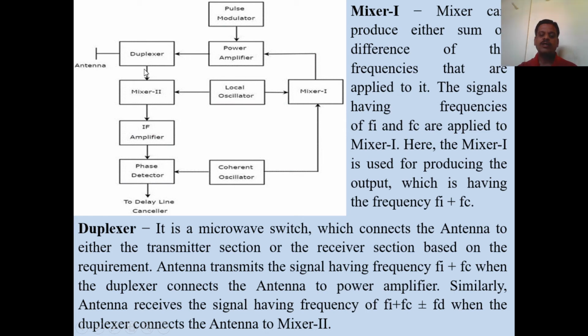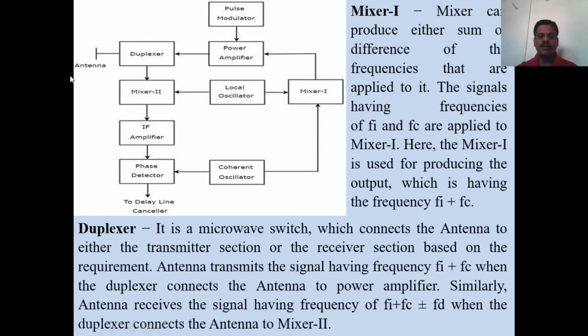Then automatically the duplexer disconnects from the transmitter and connects to the receiver. Therefore, when the power amplifier transmits the signal, that signal is equal to Fc plus Fi, and such a signal is transmitted by this antenna.